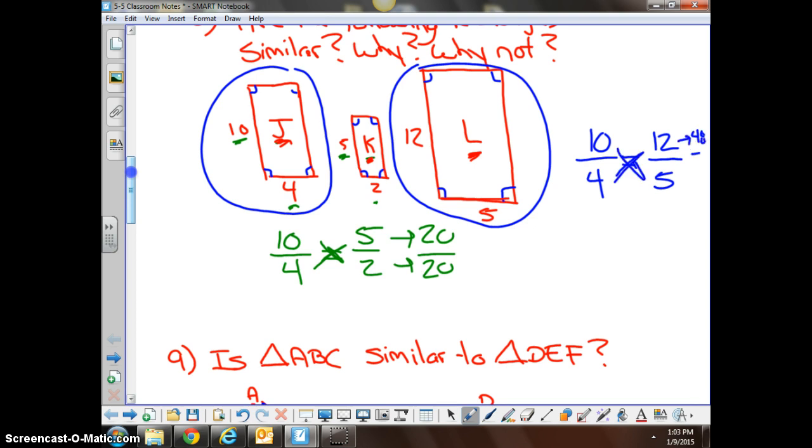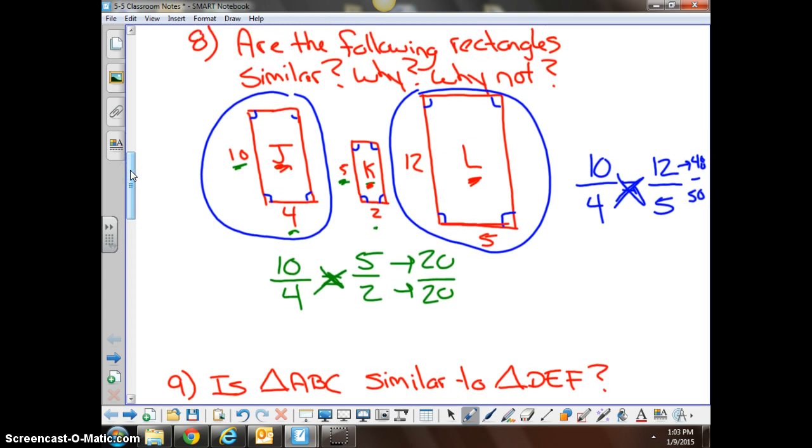Cross products, 10 times 5 is 50. They don't match up. Therefore, we know that rectangle L is not proportionate to rectangle J, and therefore the only two rectangles proportionate or similar would be rectangle J and rectangle K. So rectangle J is similar to rectangle K.